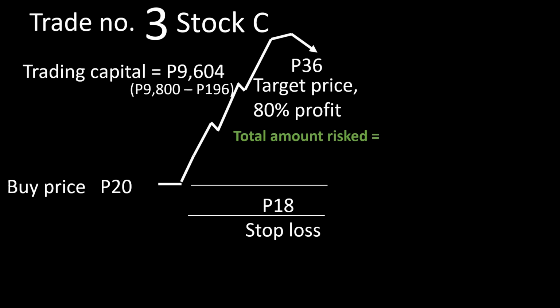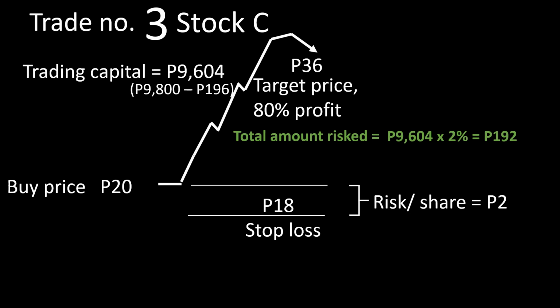Your total risk is 9,604 times 2% and you get 192. Your risk per share is 20 minus 18 equal to 2 pesos. And the number of shares to buy is 192 divided by 2, or that is 96 shares.